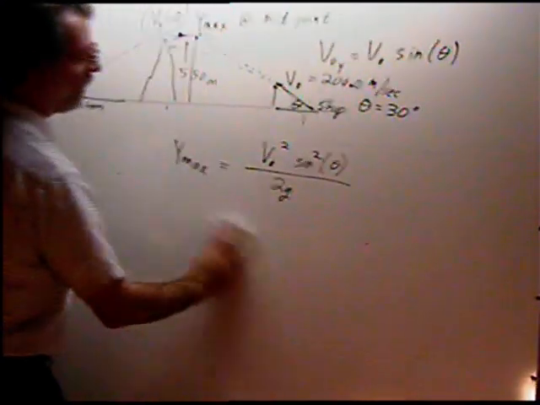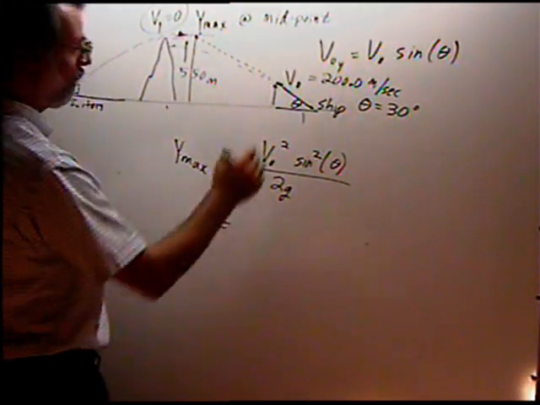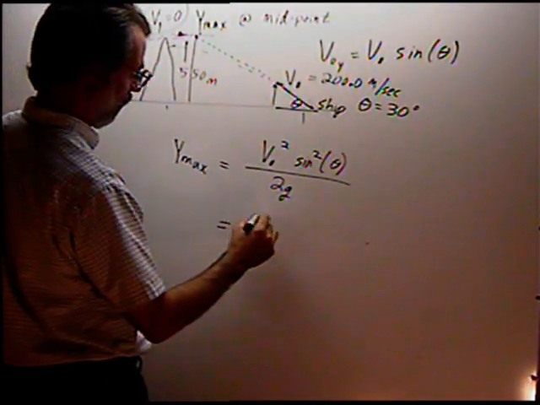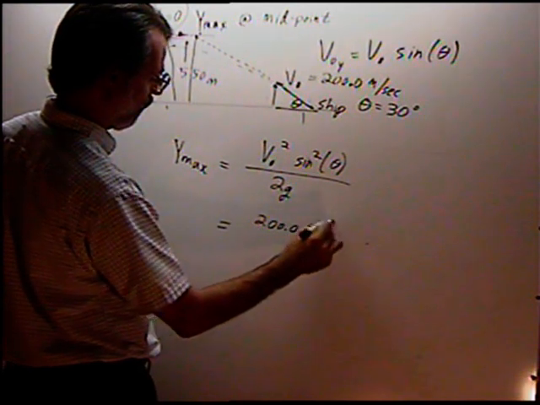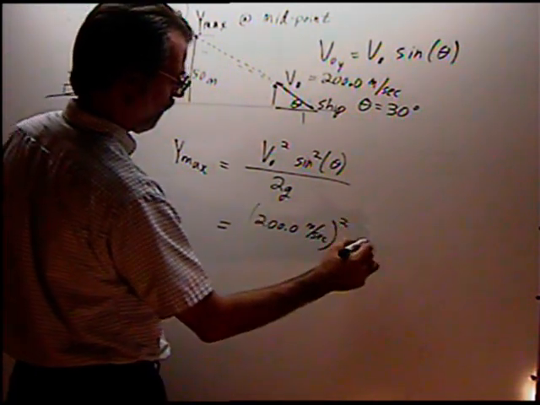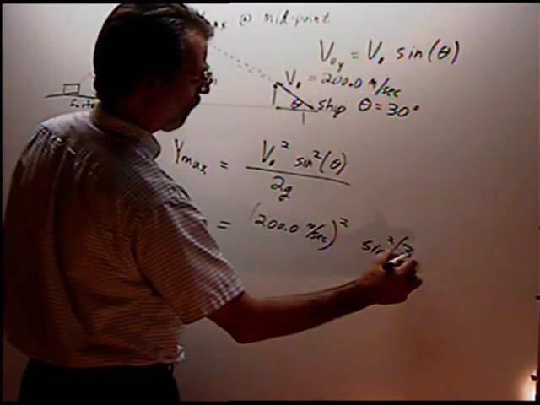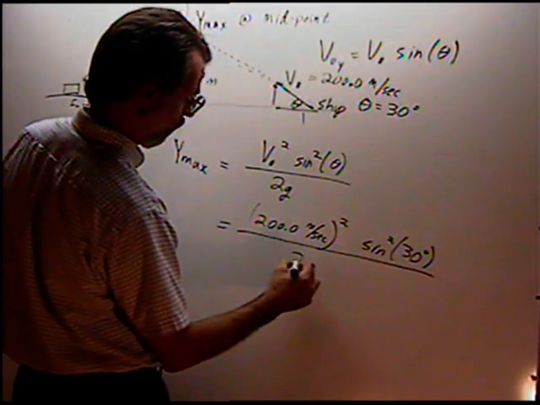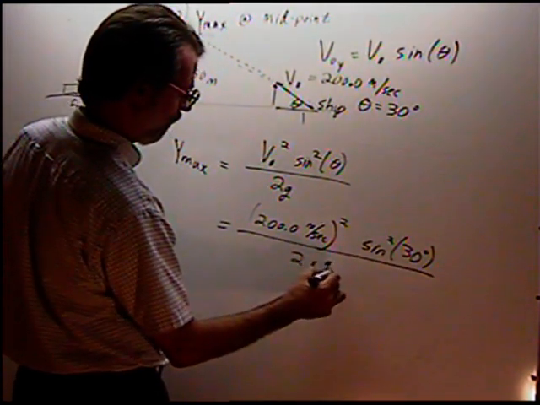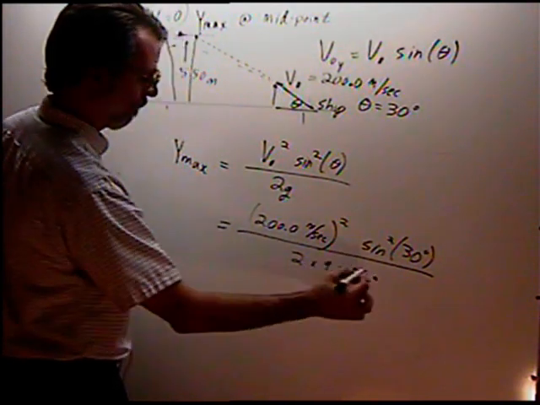Okay, so let's go ahead and plug these numbers into this. So what do we have? The initial velocity is 200.0 meters per second, and then we square that, and then we multiply it by sine squared of 30 degrees, all divided by 2 times 9.8 meters per second squared.